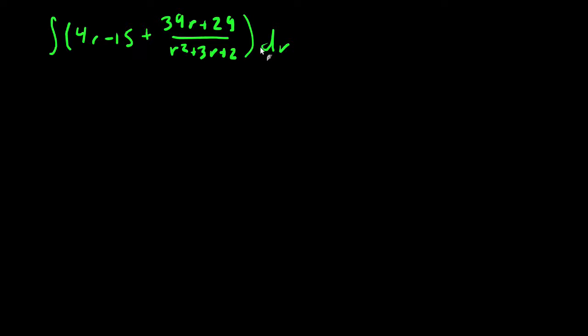Okay. Now, in here, these terms are easy to antiderive. I'll hold off on that for a second until I take care of this. This one's harder. So I go through the process, factor the denominator, and I get r plus 2 times r plus 1. A over r plus 2 plus b over r plus 1.